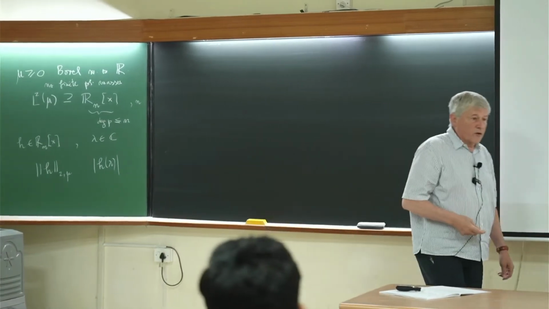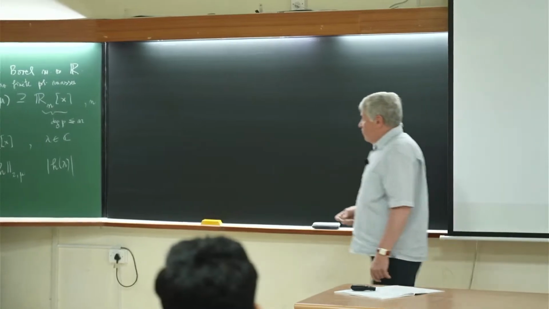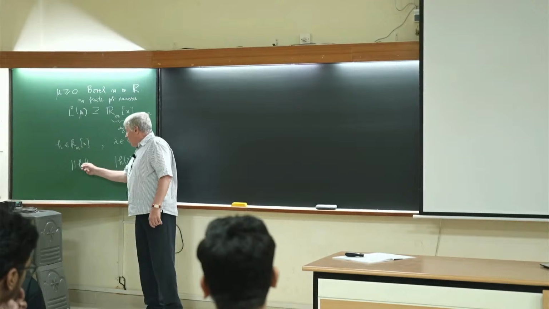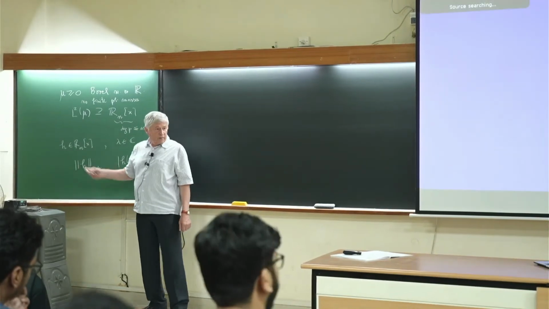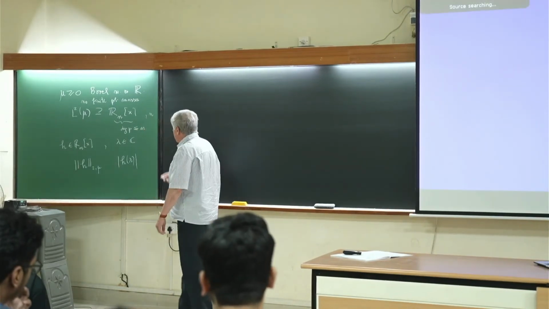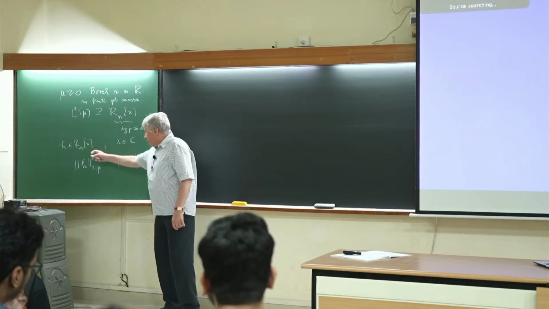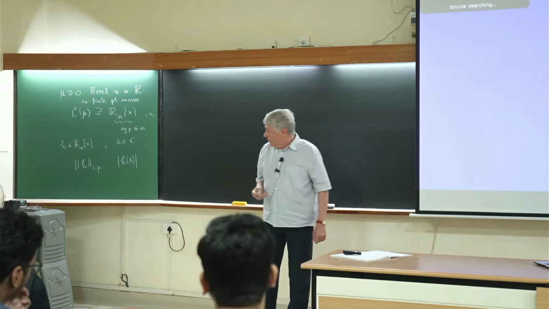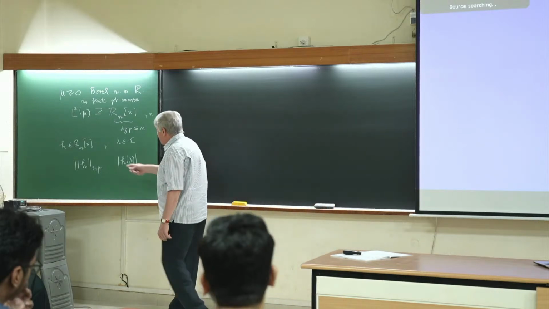Both are semi-norms. And the question is, how do we compare one to the other? Obviously, this is possible. We are in a finite dimensional space with norms of linear functional semi-norms.